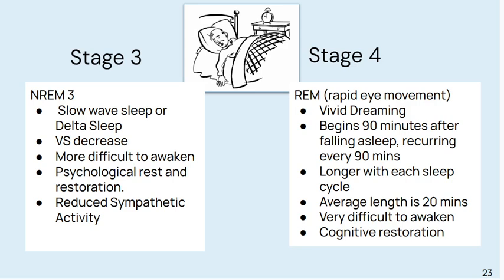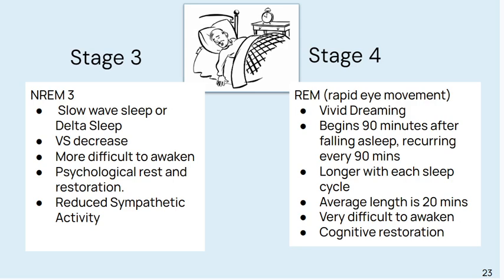And then this will lead into what we call REM sleep, which is that rapid eye movement sleep in stage 4. This is where you can actually have vivid dreams. This begins roughly in a healthy individual 90 minutes after falling asleep, and you can continuously go in and out of that REM sleep, cycling through those other stages, roughly every 90 minutes.